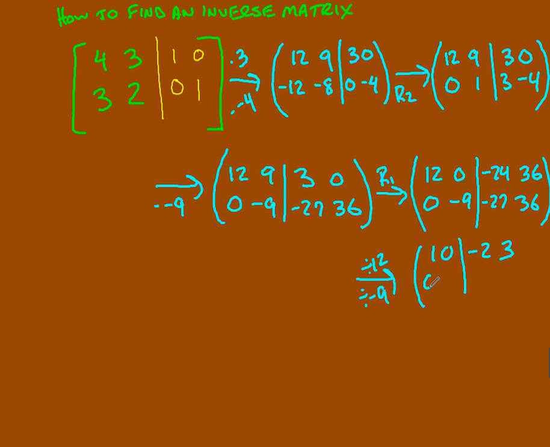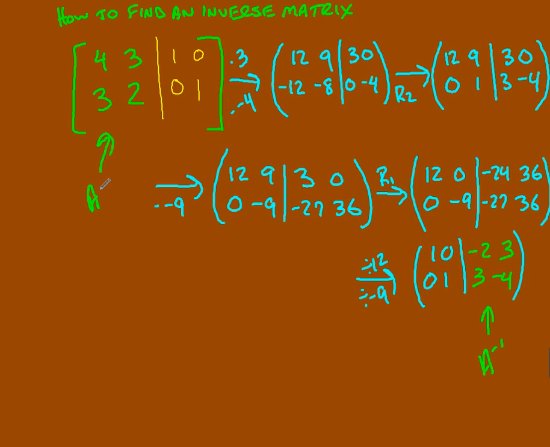My bottom should be 0, 1, excuse me, 3, and negative 4. This part right here that I'm about to highlight, and I'm going to color code in green here, that part is the inverse matrix of our original. This part right here is A inverse compared to our original matrix A.